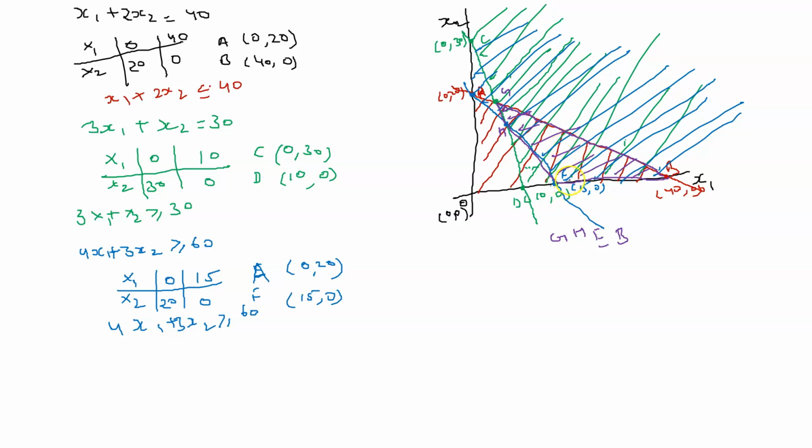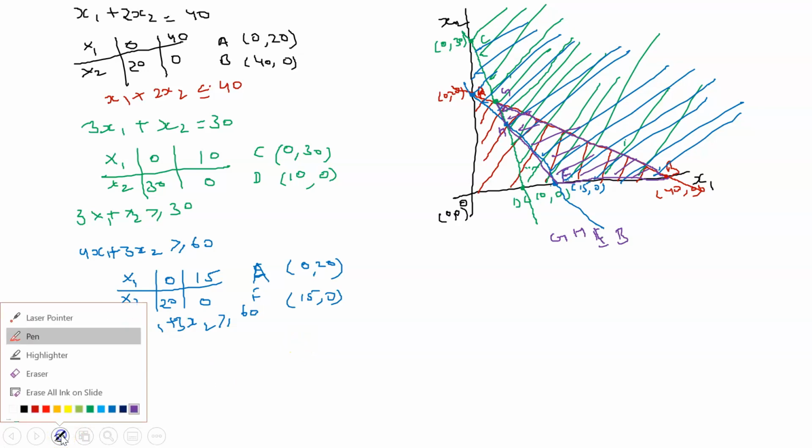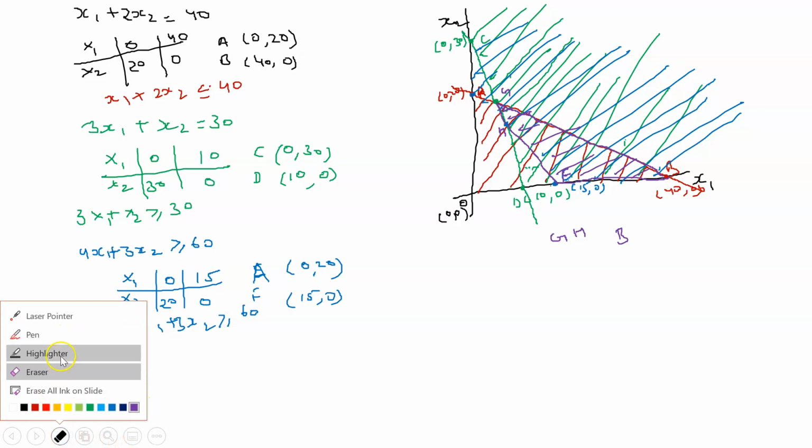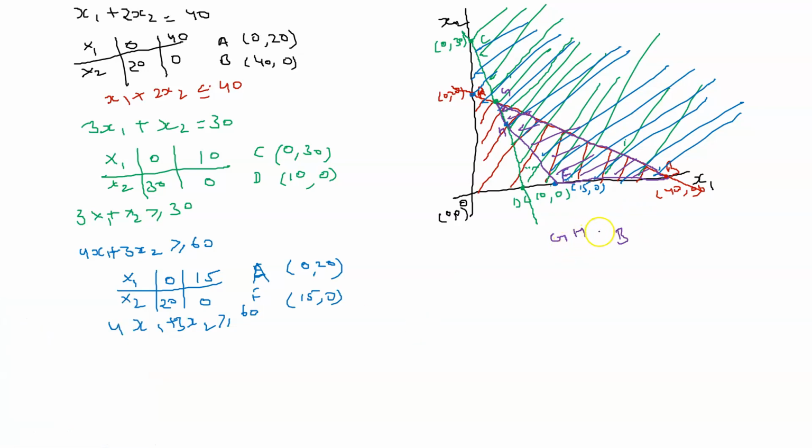We know the coordinates of E and B. Sorry, it is not E, it is actually F. Our E was the same point as A. So we have this region with 15, 0.